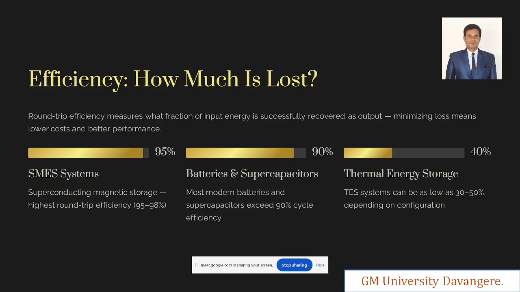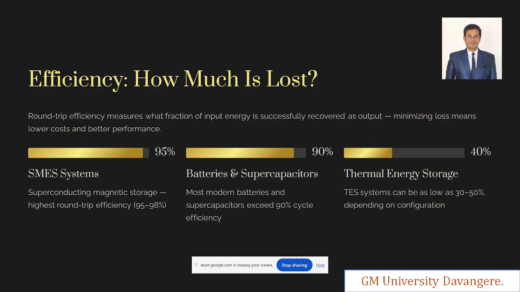Actually what is the output, how much output power is delivered to the loads, and what is the input, how much input is taken during the time of generation, and how much loss will occur, right. We have to look after this. The efficiency measures what fraction of input energy is successfully recovered as the output, right.